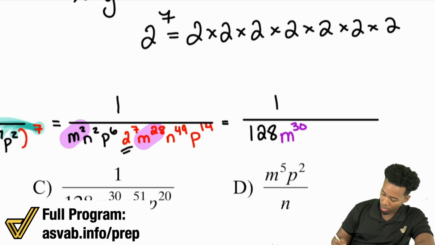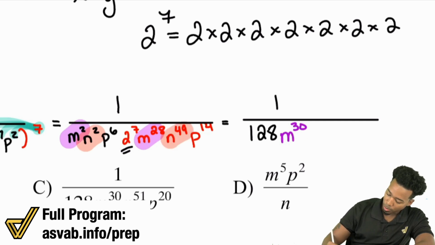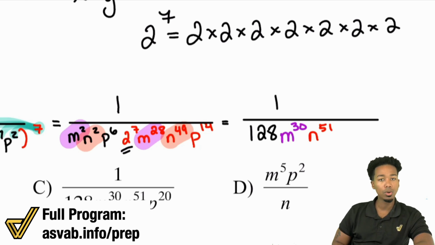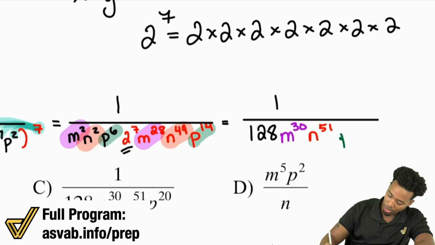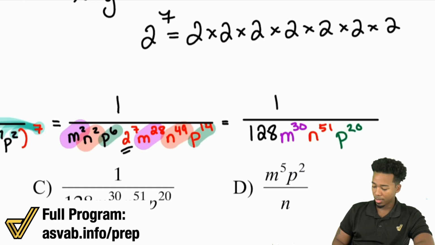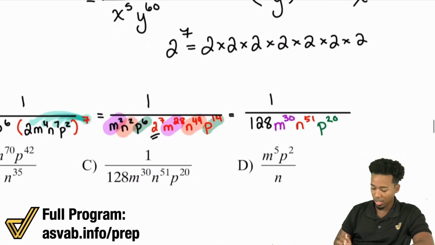Next up, we're going to take care of the n squared and n to the power of 49, which becomes n to the power of 51, adding those exponents. And then lastly, p to the power of 6, p to the power of 14, makes it p to the power of 20. And there it is, all said and done, everybody.